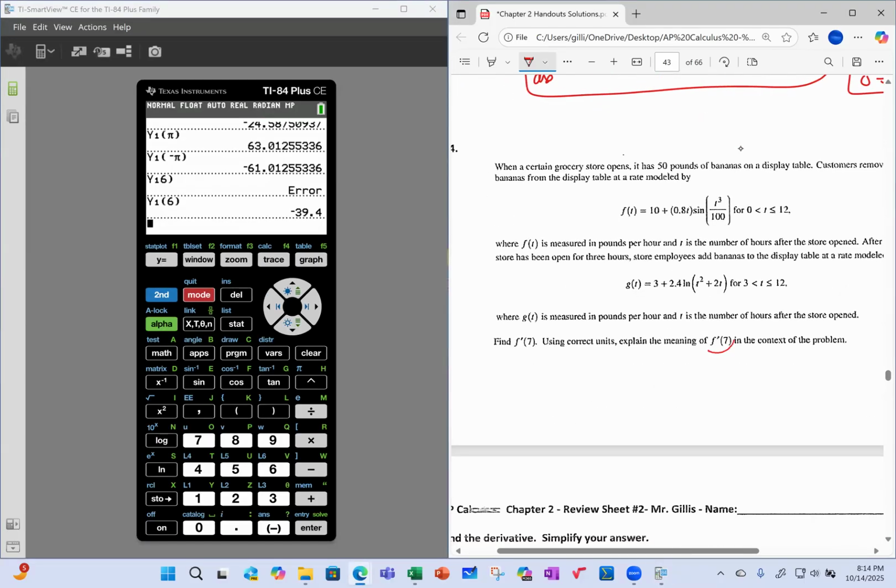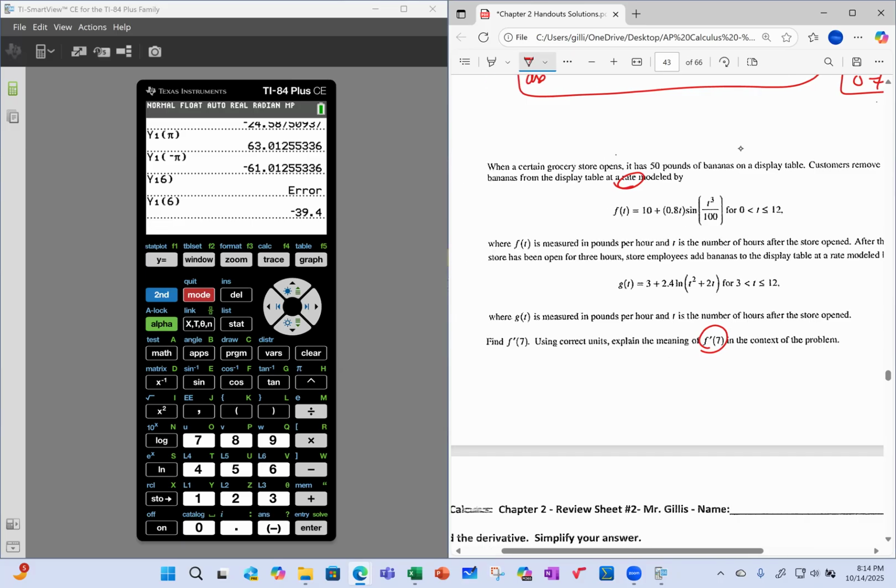So I'm going to go here. I want f prime at 7. And as a quick read through, f represents the rate function at which customers remove bananas from a display table. So f at t is the rate at which they remove bananas from the table, and f at t is measured in pounds per hour, while t is measured in hours.